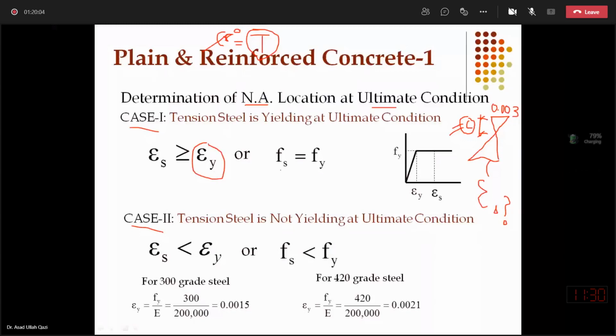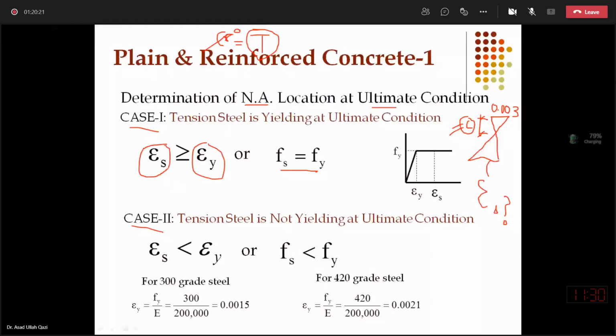So when concrete approached 0.003, steel approached either a strain equal to its yield strain or greater than that.